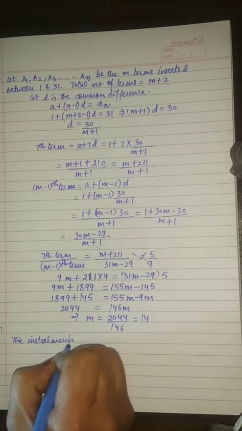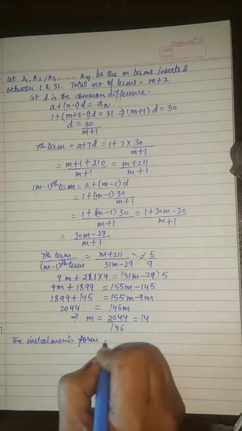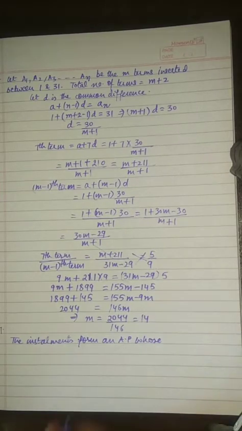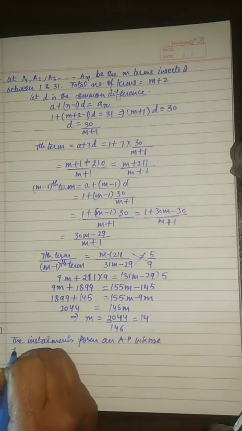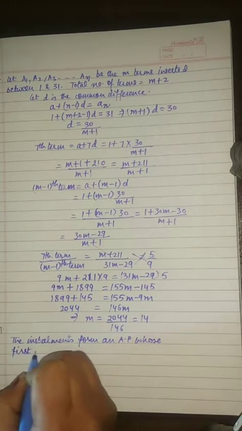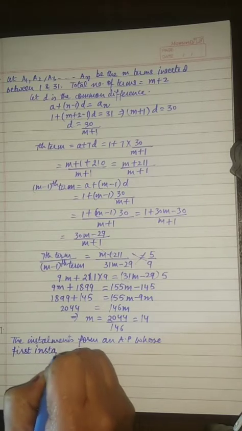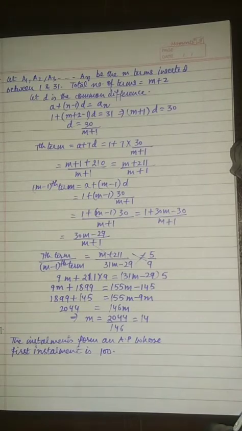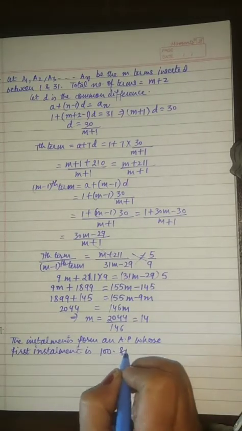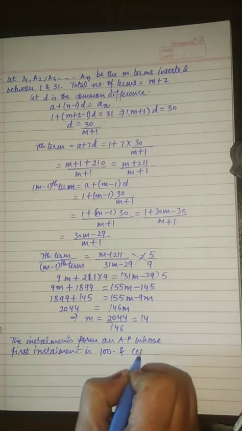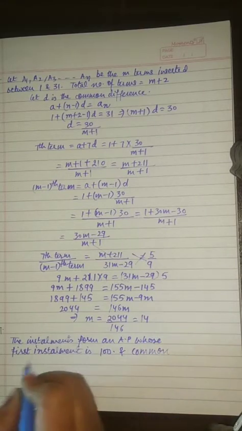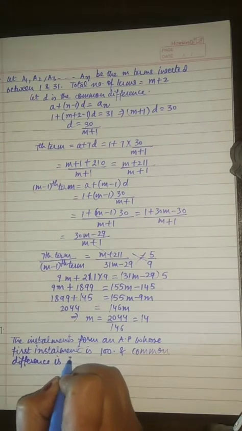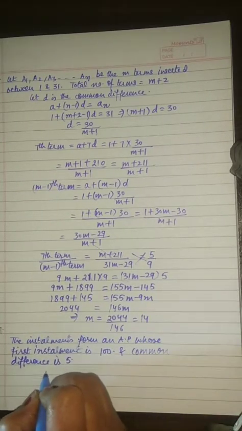So we will write: the installments form an AP whose first installment is 100 and common difference is 5. So we have to find the 30th installment.